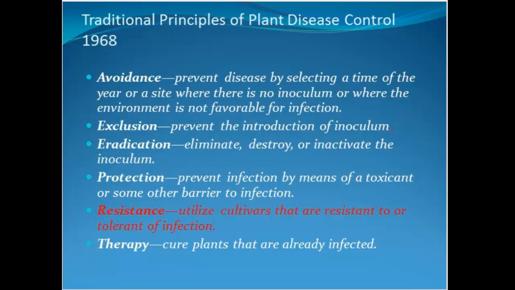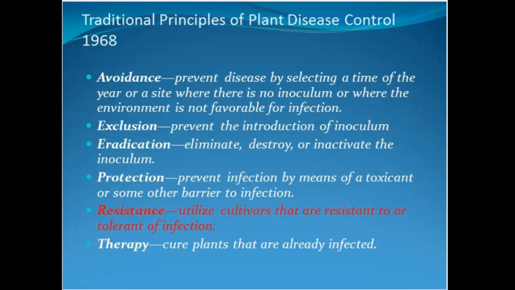If we look at resistance, it's not an all or nothing case. We typically have a range: one variety may be highly resistant, one may be moderately resistant, one may be only slightly susceptible, which is the level down from moderately resistant, but there's this continuum for susceptibility or resistance to a particular plant disease.